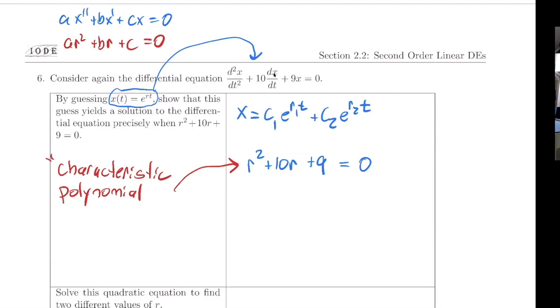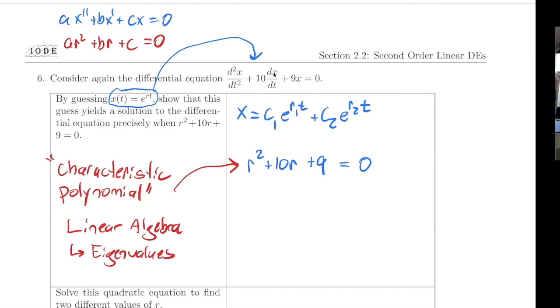But if anyone's heard this term before, you might have heard of it in linear algebra, maybe you're taking it now, in particular when you're finding eigenvalues of a matrix. When we look at systems of differential equations, we're going to take a linear algebra approach using eigenvalues.